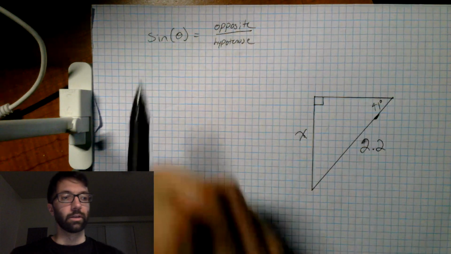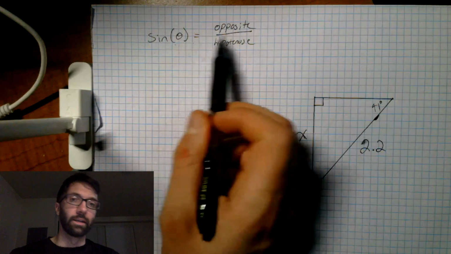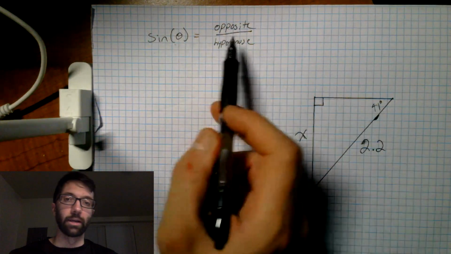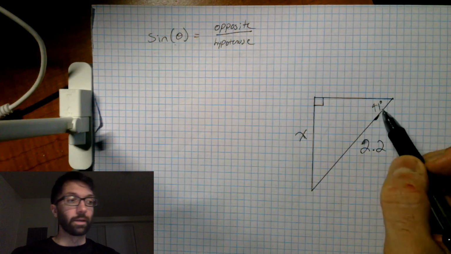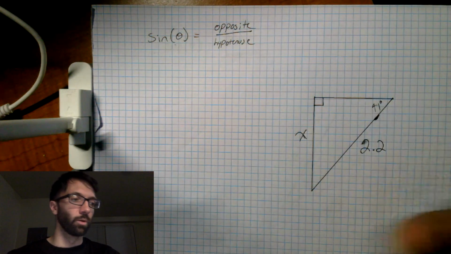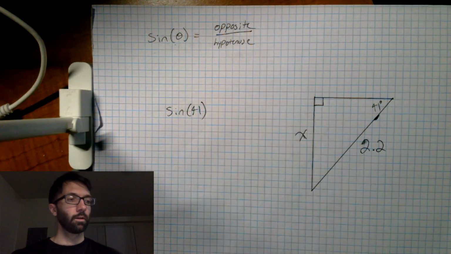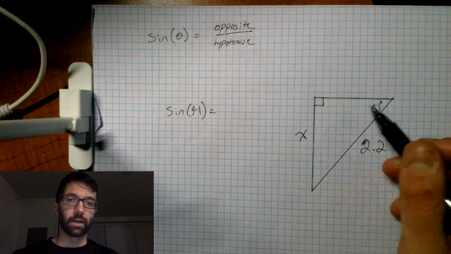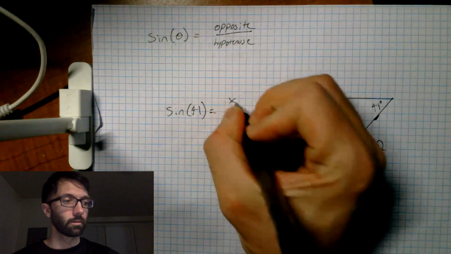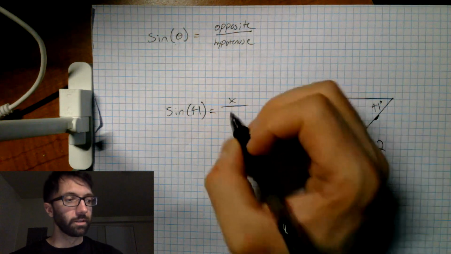The sine of a particular angle is defined as the opposite side divided by the hypotenuse. So we can write the sine of 41 degrees equal to its opposite side, which is x, divided by the hypotenuse of the triangle, which is 2.2.